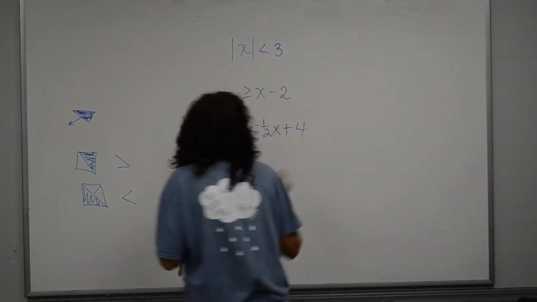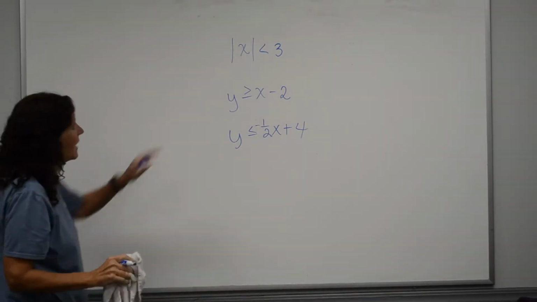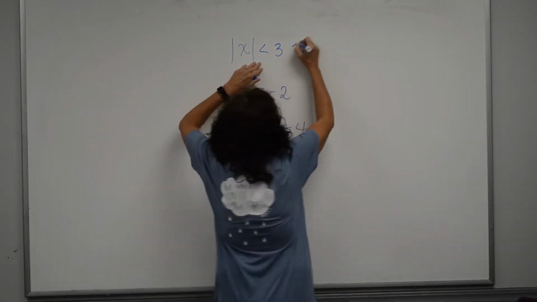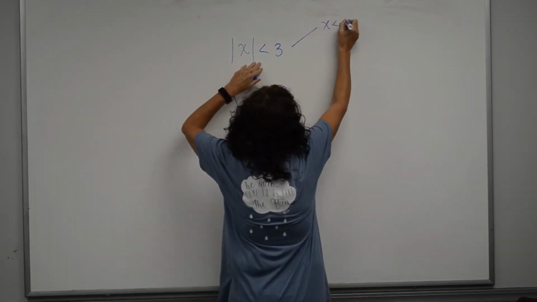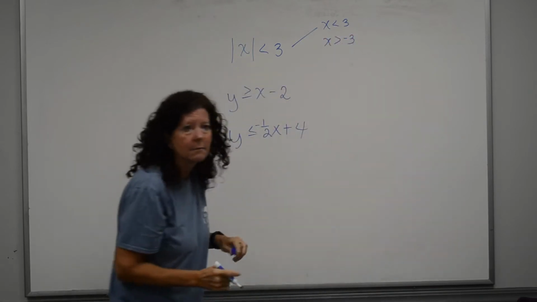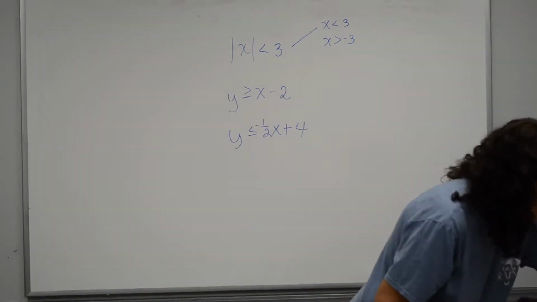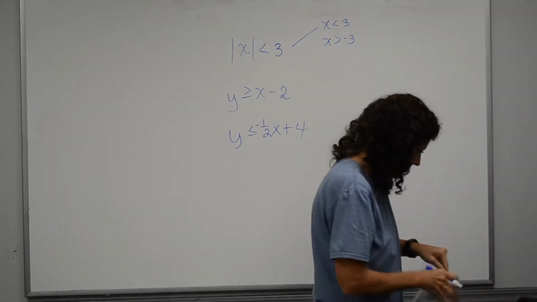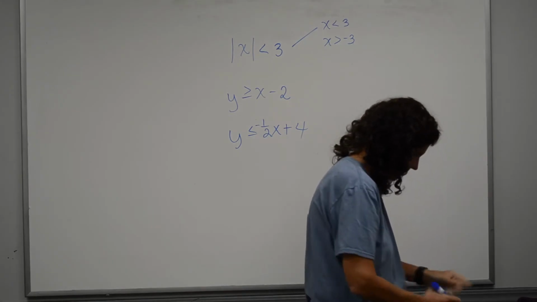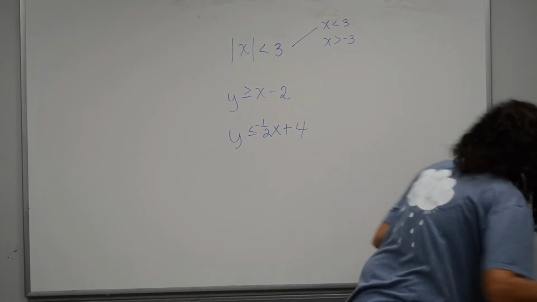Well, I should say I've actually got 4 of these, because remember this is written like x is less than 3 and x is greater than negative 3. Remember how that's 2 different things? So that being the case, let's graph this.